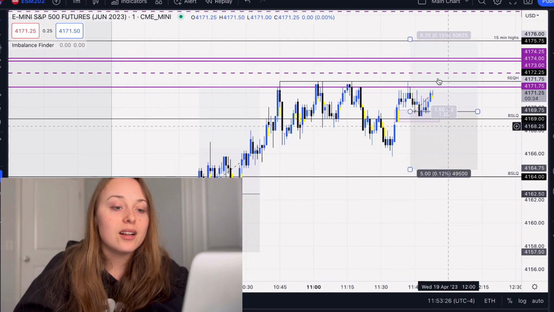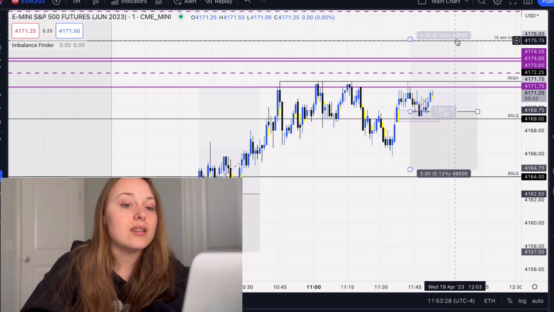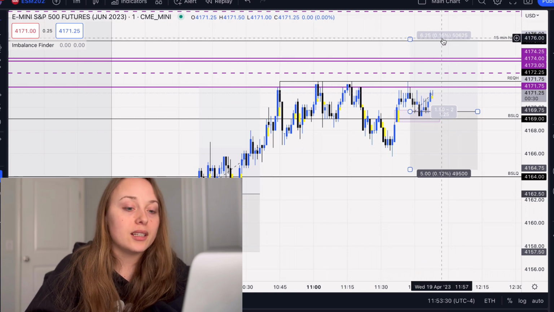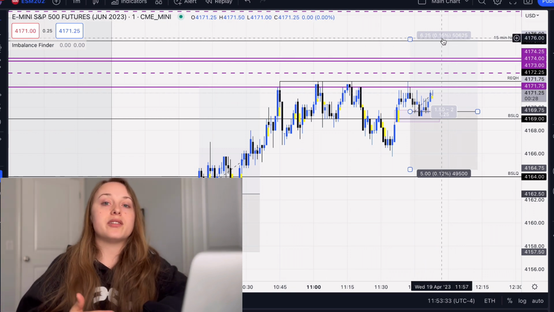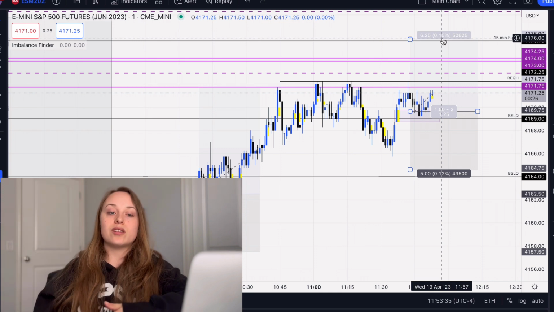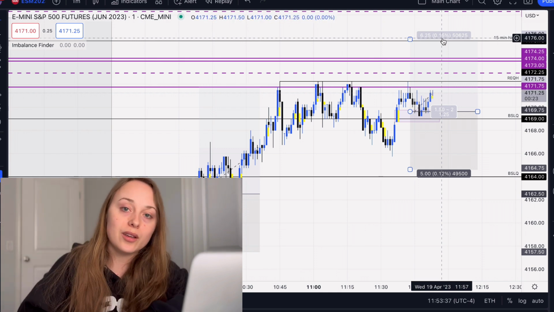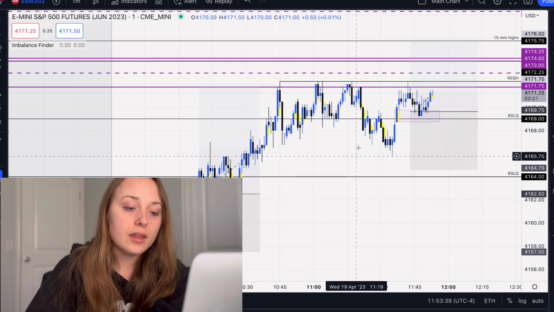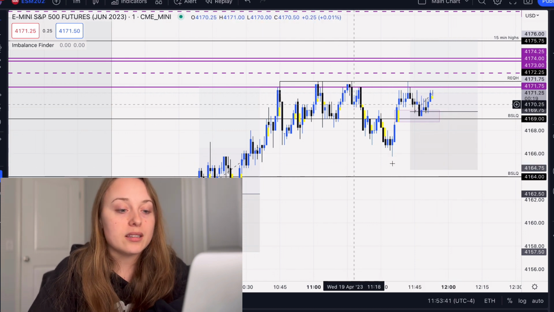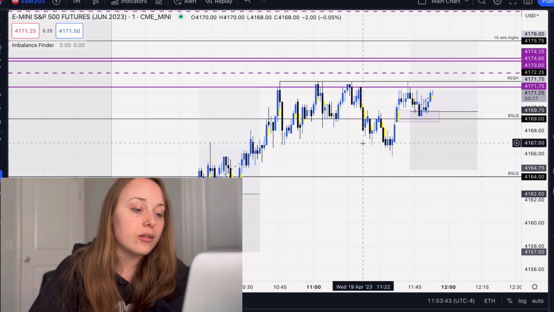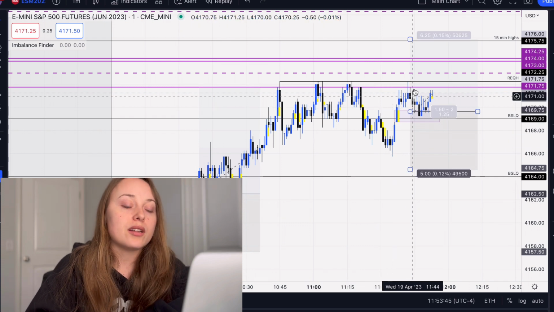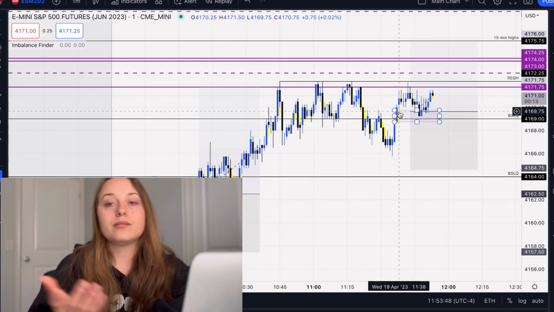So lots of reasons why I want to see the market draw up, kind of go up towards these 15-minute highs, towards these relative equal highs. There's lots of liquidity resting above there. And considering we already had this breakdown, taking out this liquidity, breaking market structure, displacement, boom.